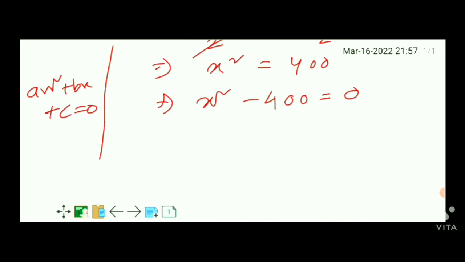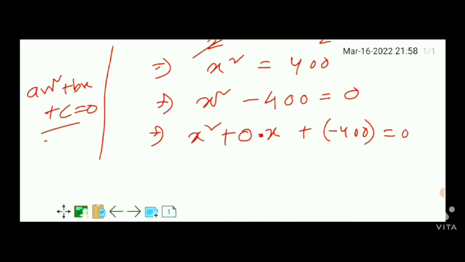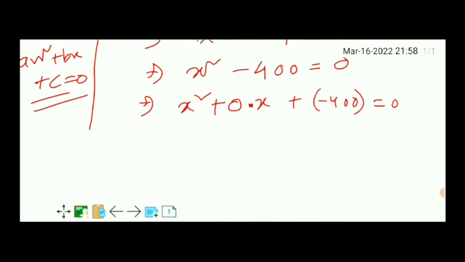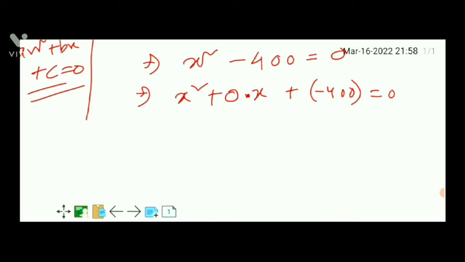So you can write one more line: x square plus x is not there, so we put 0 into x, minus 400 equals 0. Now we have found the quadratic equation in the standard format.